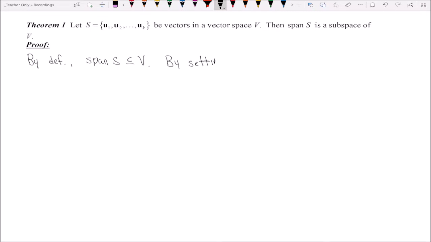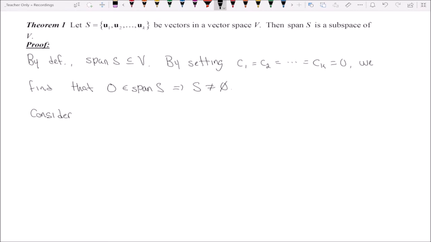If we set all the constants equal to 0, we get that 0 is in the span of S, which means that the span is non-empty. Now we just have to prove that it's closed under the two operations.